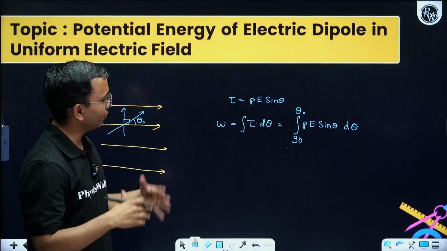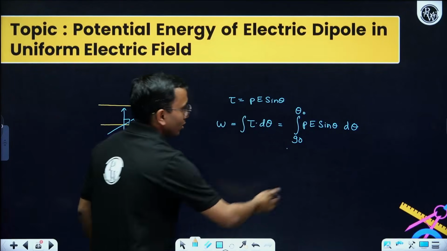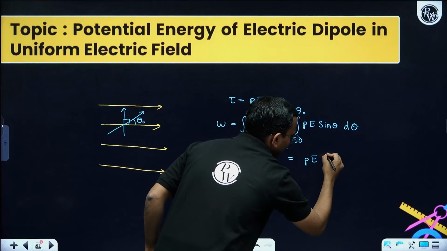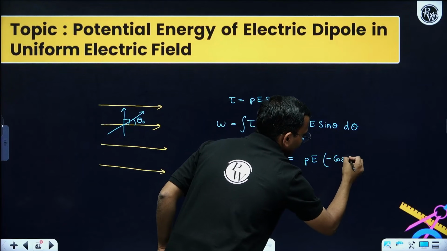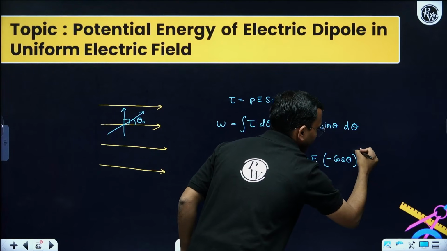This is how we can find the work done. We know the formula tau dot d theta. Here the integration of sin theta is minus cos theta, with limits from 90 to theta naught.